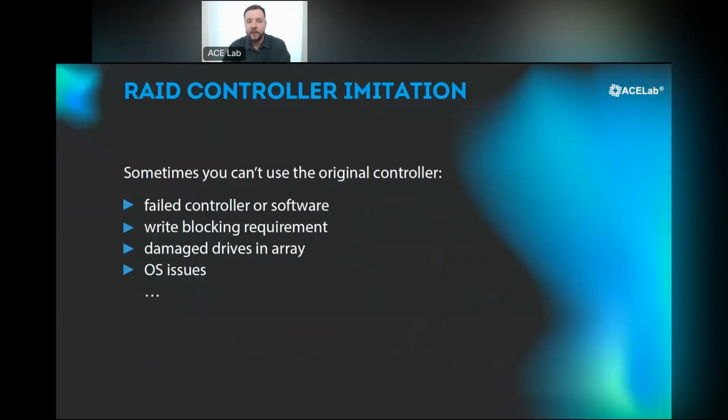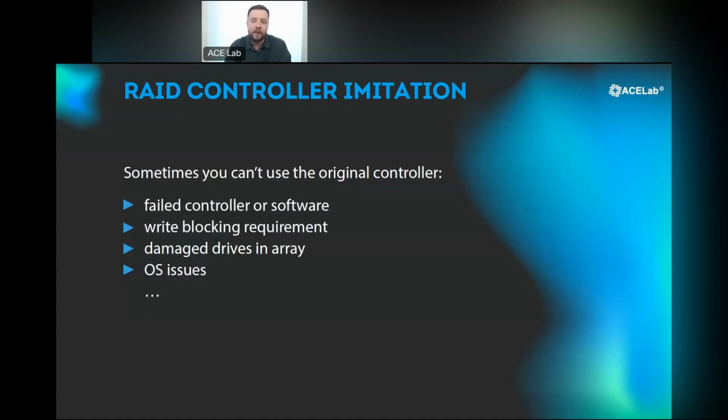The first issue is RAID controller imitation. Why do you need to imitate a RAID controller? Because sometimes, for example, the drives are okay, everything is okay, but the controller has died and you don't have the same one.